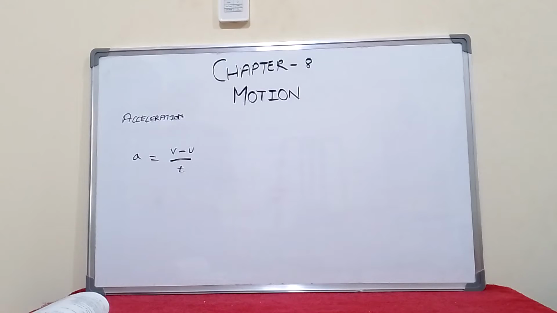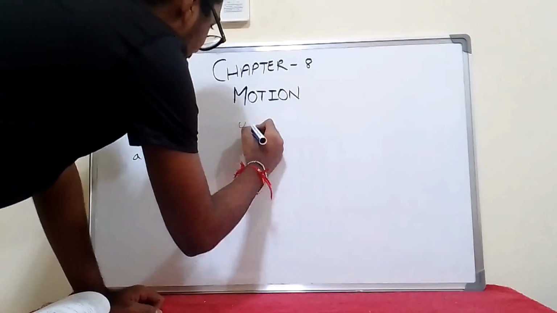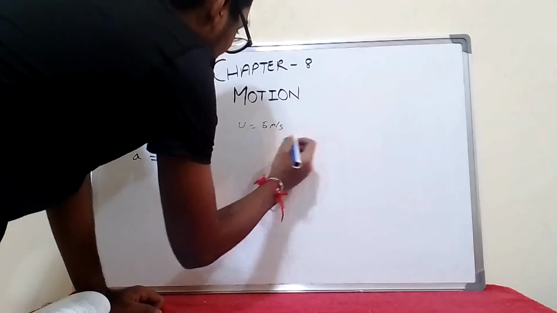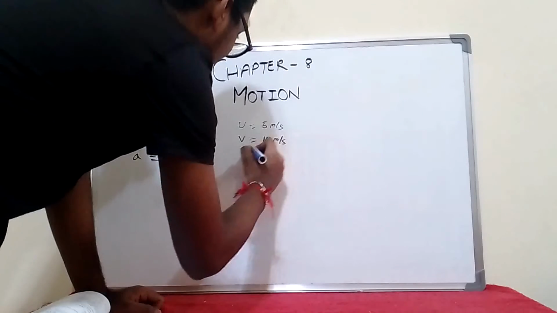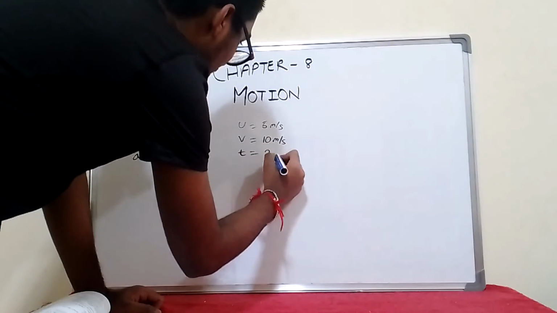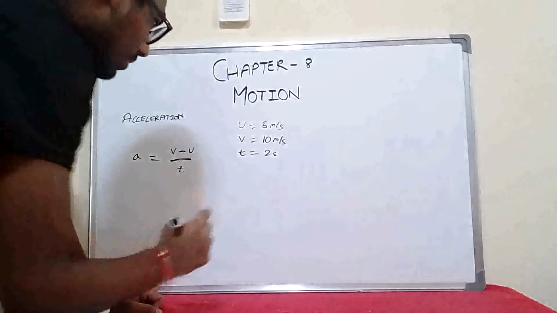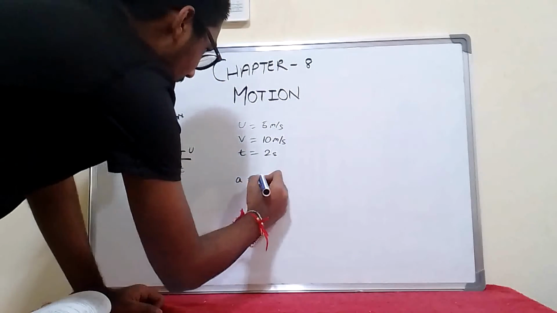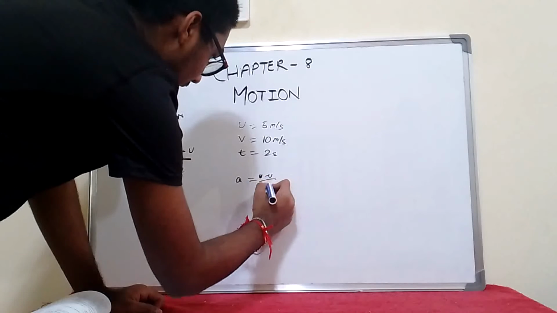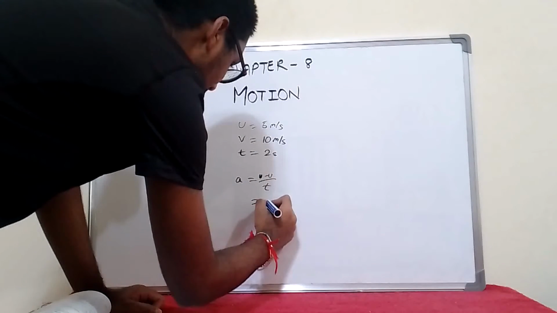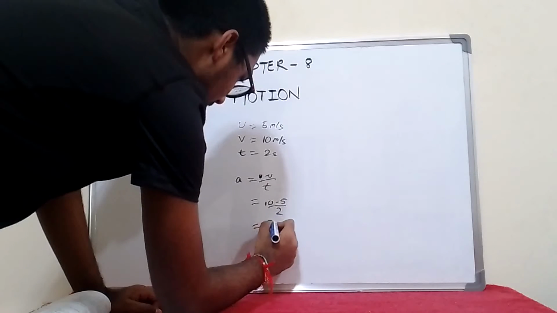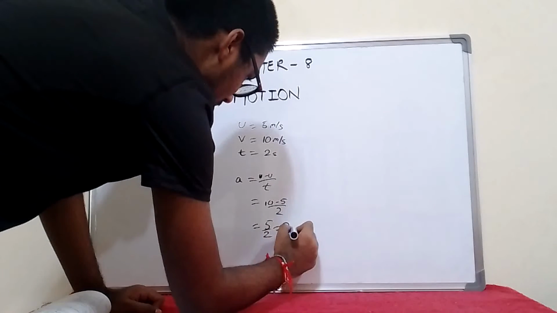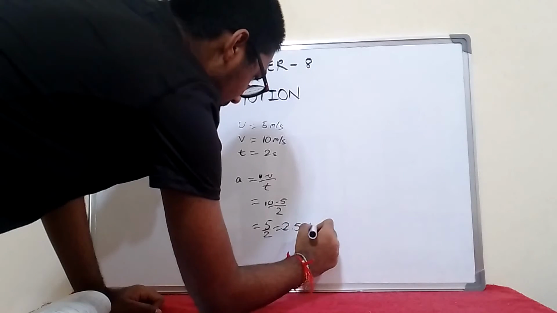For example, if u is 5 meter per second and v, the final velocity, is 10 meter per second, and the time taken for this acceleration is 2 seconds, then as a is equal to (v minus u) by t, it will be (10 minus 5) by 2, which is 5 by 2, or 2.5 meter per second square.